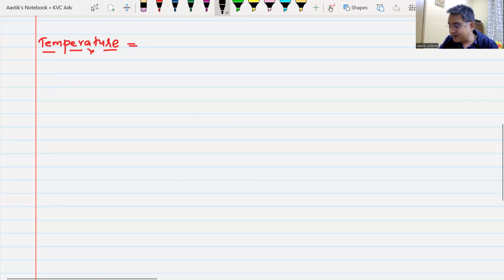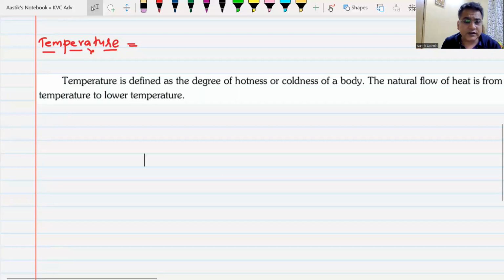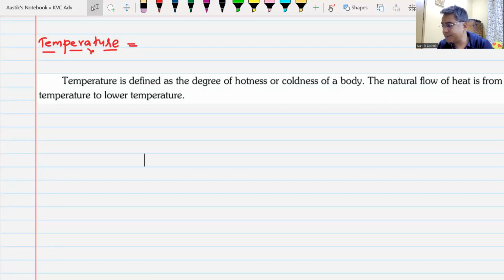As very rightly said, you must have heard this definition of temperature in your lower standards as well, and this definition is still valid: temperature is the degree of hotness or coldness of a body, and heat will always flow from a body of higher temperature to a body of lower temperature. Do we understand this?